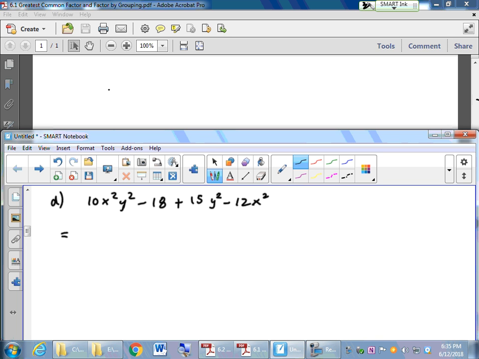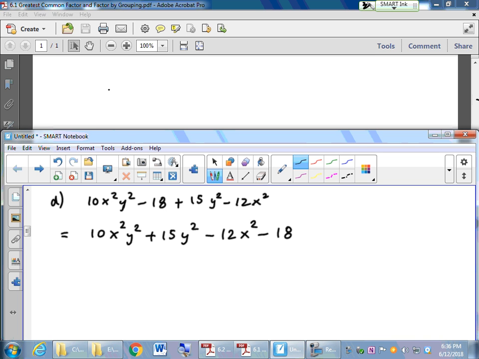So let's say I'm going to regroup 10x squared y squared plus 15y squared minus 12x to the second minus 18. The reason why I rearrange it this way is because I already thought about which two I'm going to put together and what the second pair is.